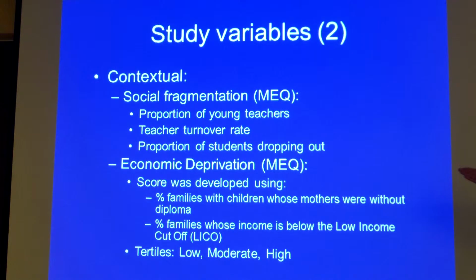For economic deprivation, a score was developed using the percentage of families with children whose mothers were without a diploma, and the percentage of families whose income is below the low income threshold. The low income threshold is the threshold used by Statistics Canada that takes into account the size of the municipality where the child lives, and also the size of the household, the family.